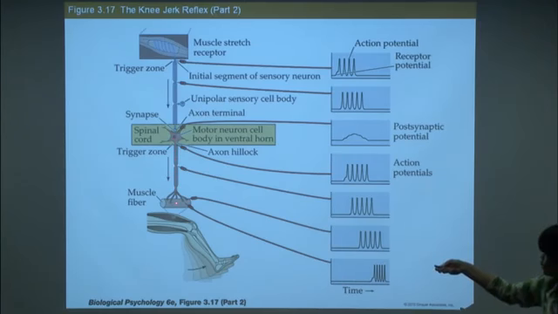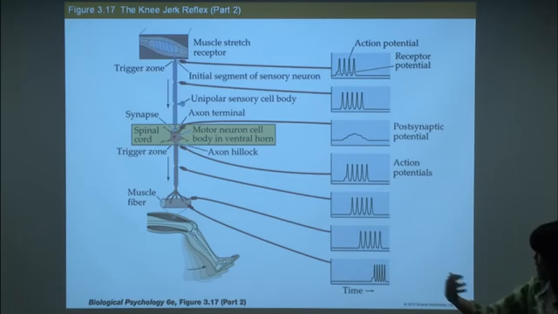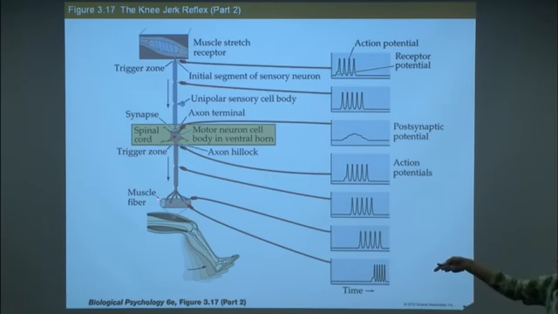The axon goes back, and these motor neurons are innervating the same muscle where the sensory stretch receptors came from. And so you get acetylcholine here. That is the neurotransmitter from the motor axon to the muscle itself. We'll talk about exactly how muscles contract. That acetylcholine is contracting your quadricep muscle that's causing that kick right there.